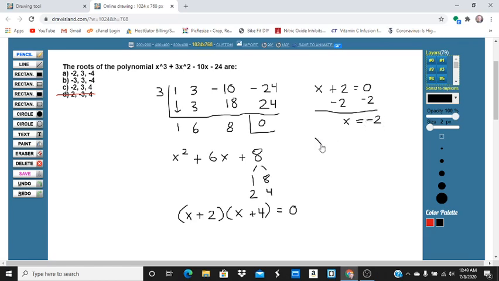And if we do the same thing, set x plus 4 equal to 0, subtract 4 from both sides, we're going to get x equals negative 4.